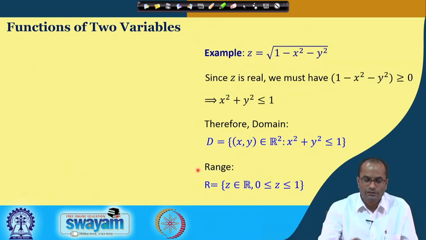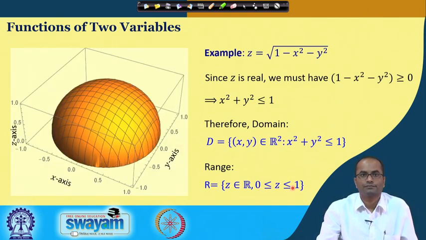And the range: the possible values of z for the points from this domain form the range. If we notice that x square plus y square is less than or equal to 1, then the value of the square root will belong to 0 to 1. So, that is the range, all the points z from the real axis where z is between 0 and 1.